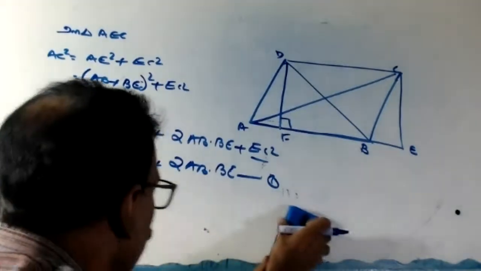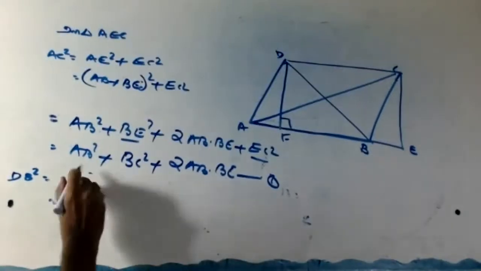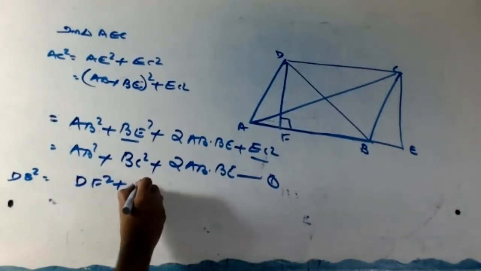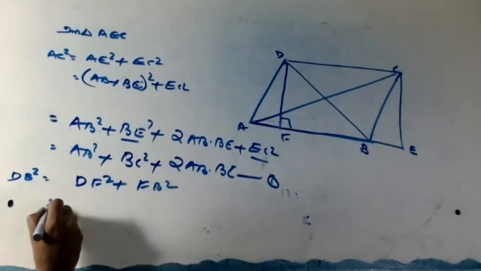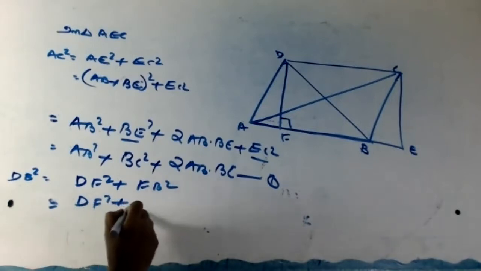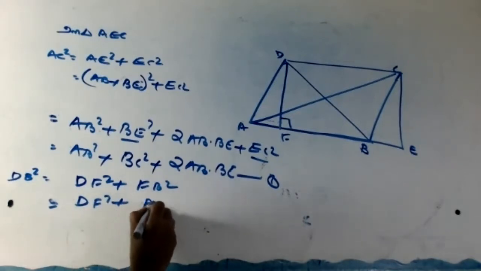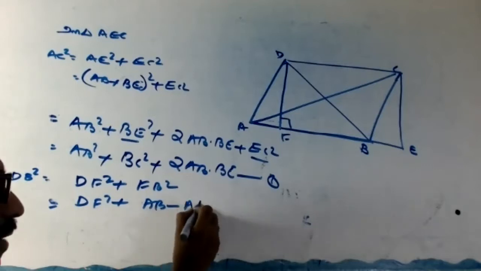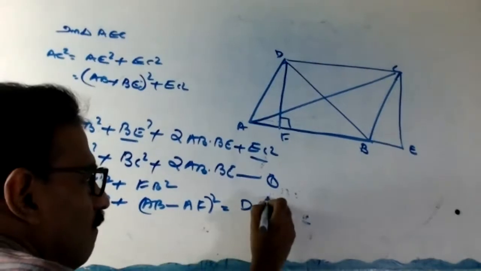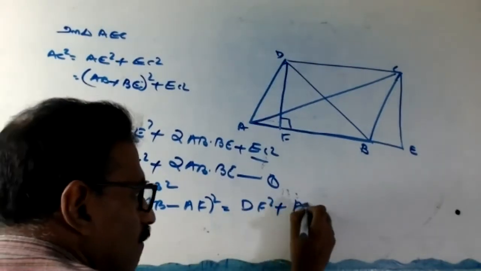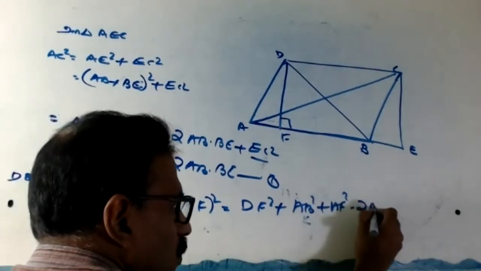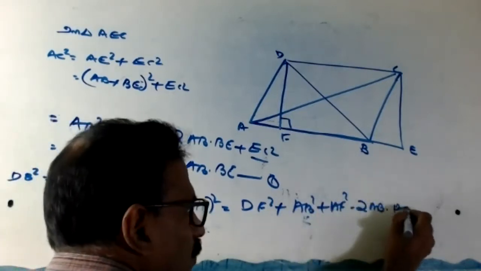Look. In triangle, DB square is DF square plus FB square. Okay. So that is DF, no change. FB means AB minus AF whole square. That is DF square plus AB square plus AF square minus 2 AB into AF.